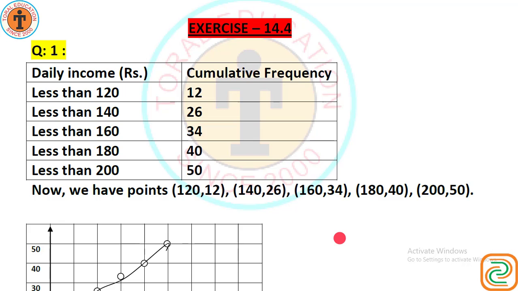Here the first question is given. The following distribution gives the daily income of 50 workers of a factory. Total 50 workers.